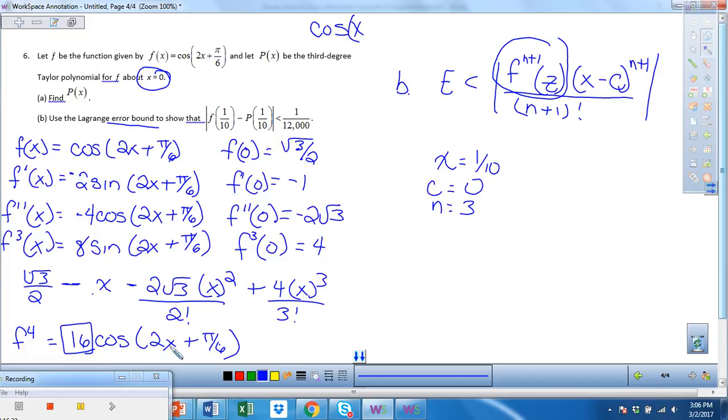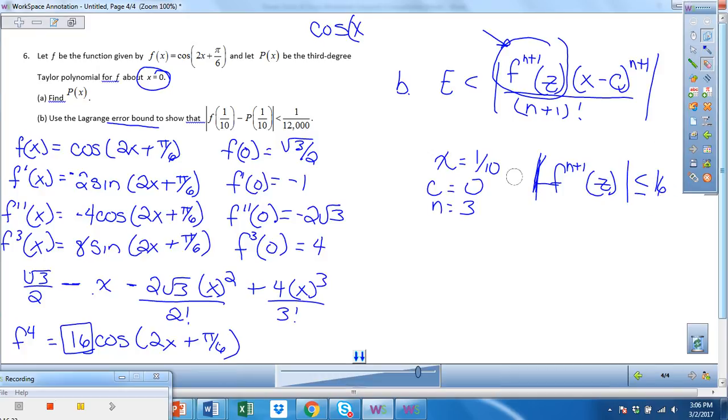So no matter what I put in for x, no matter what z is, the maximum value of this derivative is 16. So I can just say this maximum, f of n plus 1 of z, has to be less than or equal to 16, because it will never be more than its amplitude.